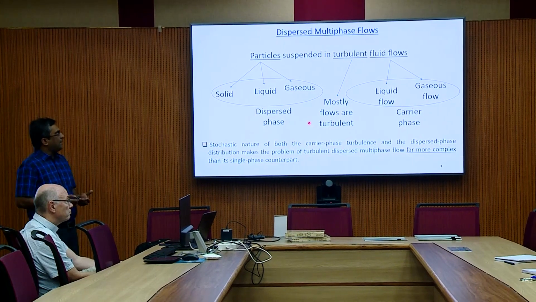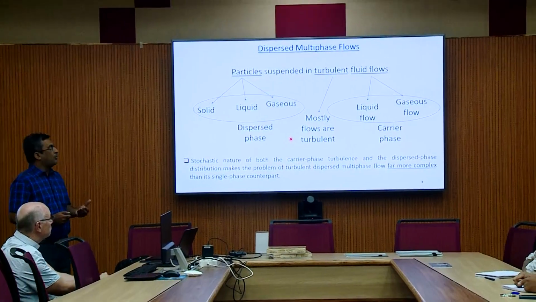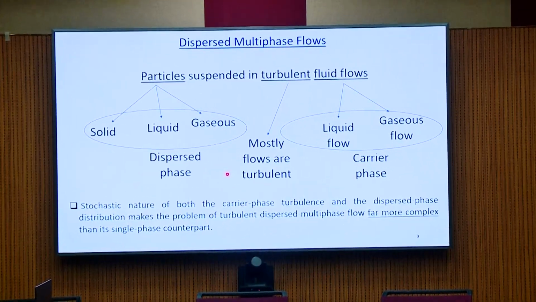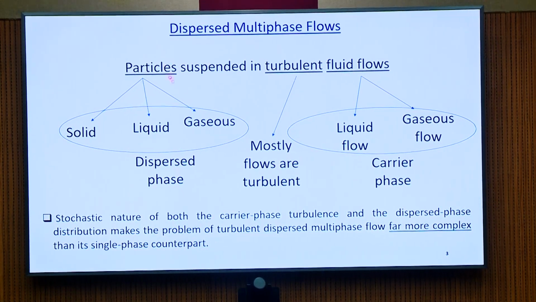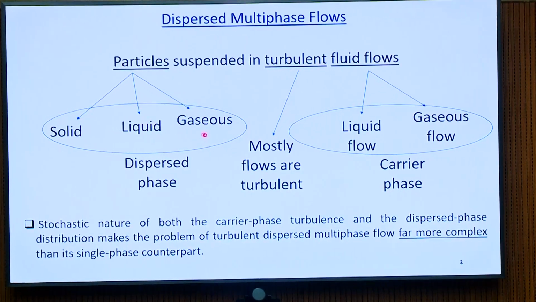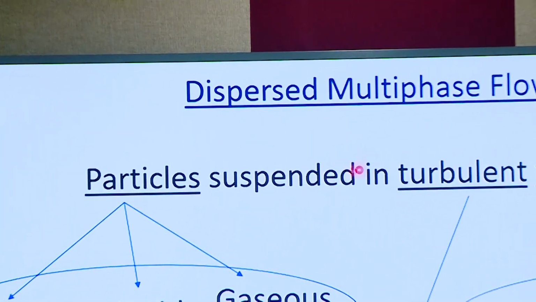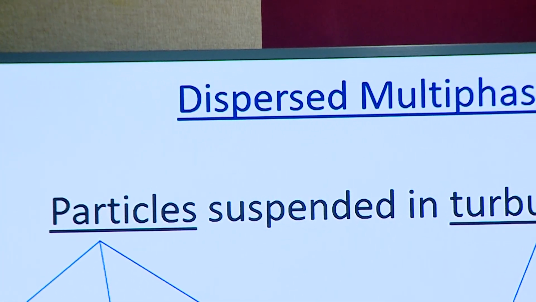So what are dispersed multi-phase flows? They refer to flows where particles are suspended in turbulent fluid flows. So when I say particles, this means they can be solid, liquid or gaseous particles. For example, let's say air bubbles in liquid.